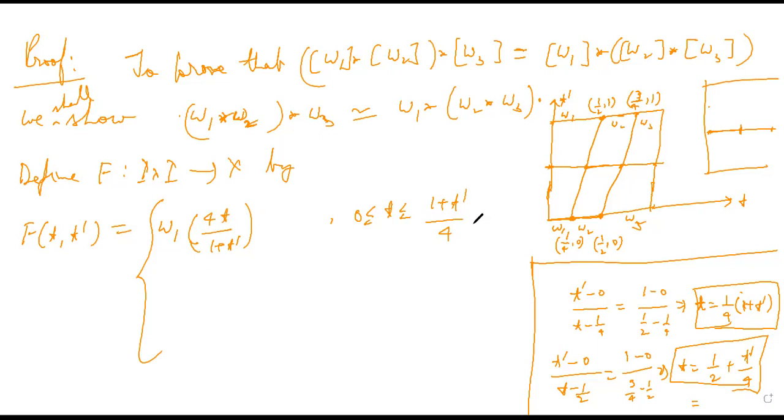And then in the next, what you will do. I'm telling you how I'm writing these formulas. So omega 2, and this will be for t greater than or equal to 1 plus t prime upon 4 and less than or equal to t prime plus 2 upon 4, right?